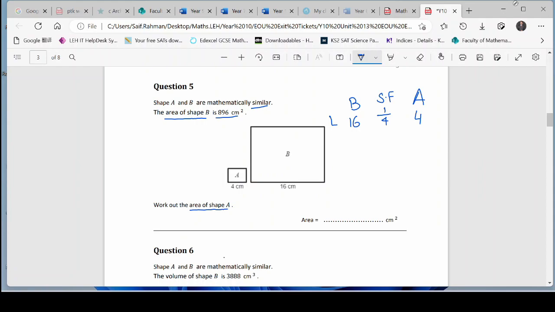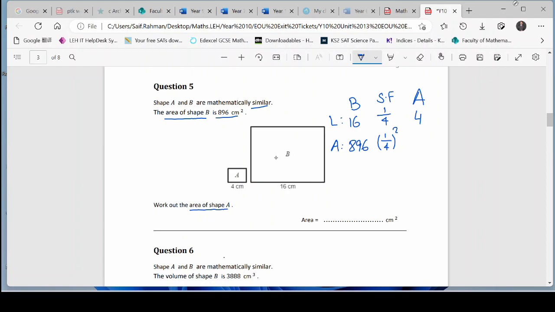And now what we have to find is area. So area of B is 896. Now what is the scale factor? So the scale factor for area is always squared, right? So 1 over 4 squared.